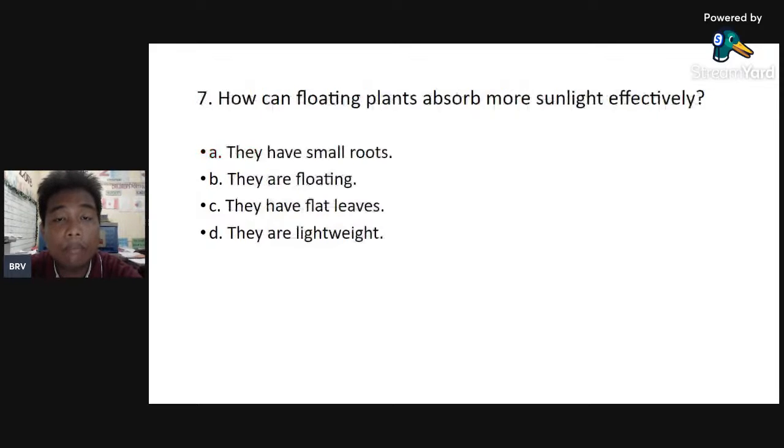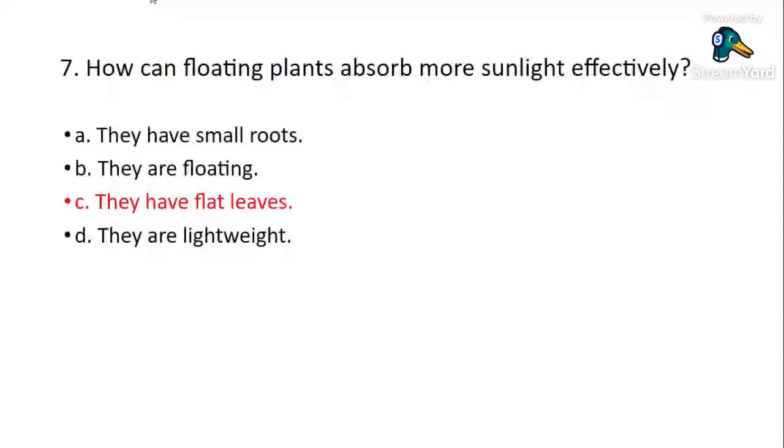Next, how can floating plants absorb more sunlight effectively? Because they have flat leaves. Okay, so that is one of the features of a floating plant. Next, what are the three types of aquatic plants?